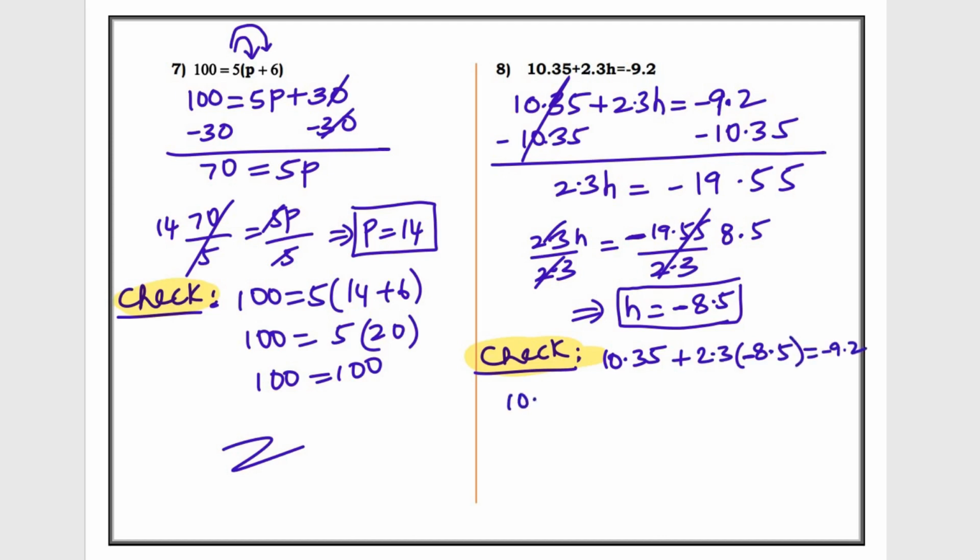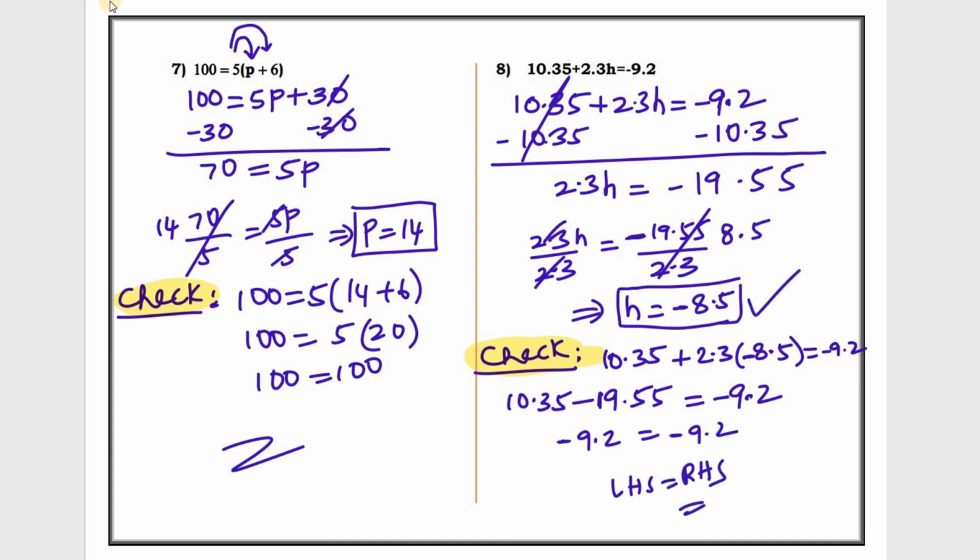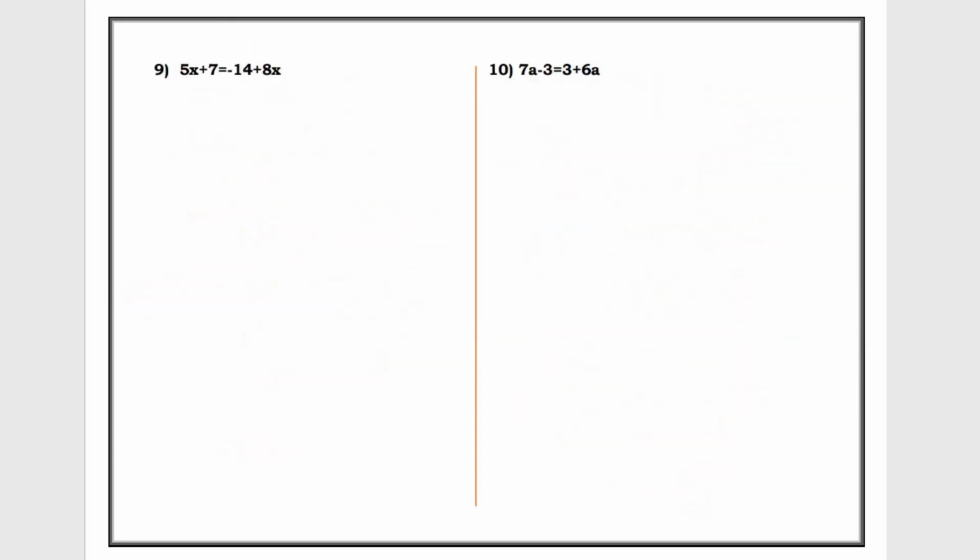Let's multiply: 10.35 plus minus 2.3 into 8.5 will give us 19.55 is equal to minus 9.2. So if I subtract, on the left hand side I got minus 9.2. Right hand side also minus 9.2. So left hand side and right hand side I got exact values. So hence this is verified. Question number 9.